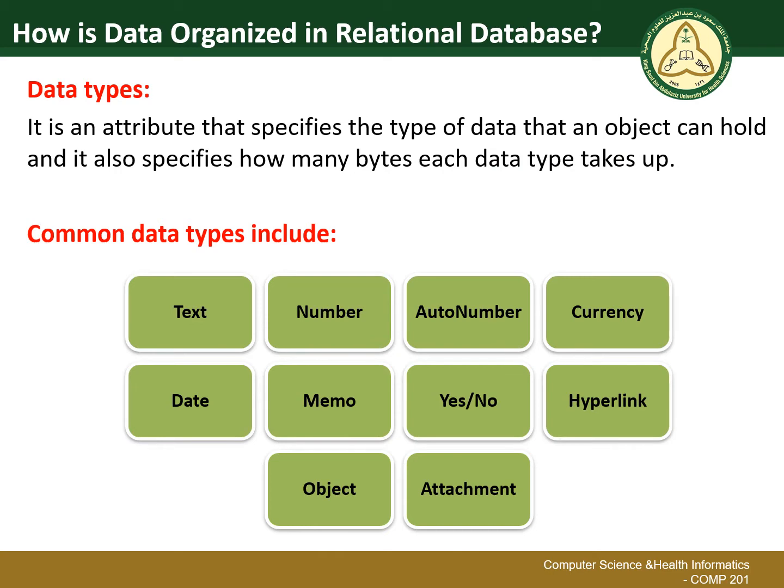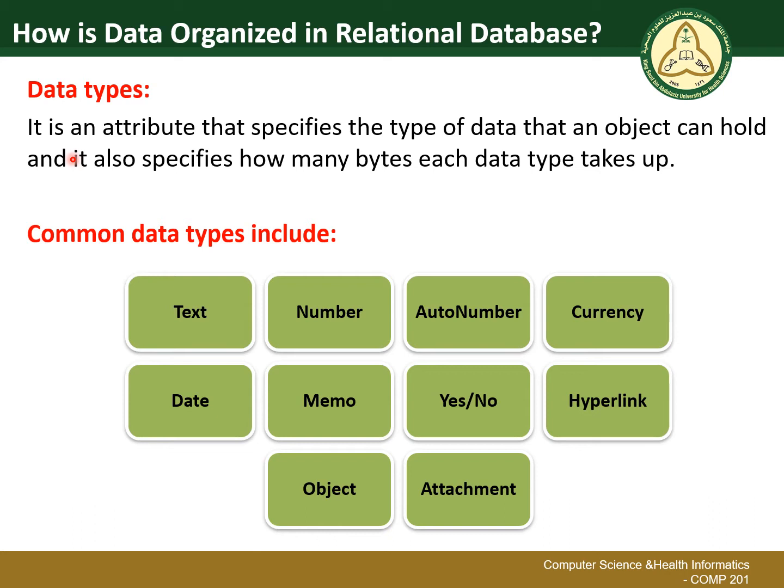Any database needs to be well defined and well structured, and to achieve that we need to define data types for each data. The data type is an attribute that specifies the type of data that an object can hold, and it also specifies how many bytes each data type takes up.